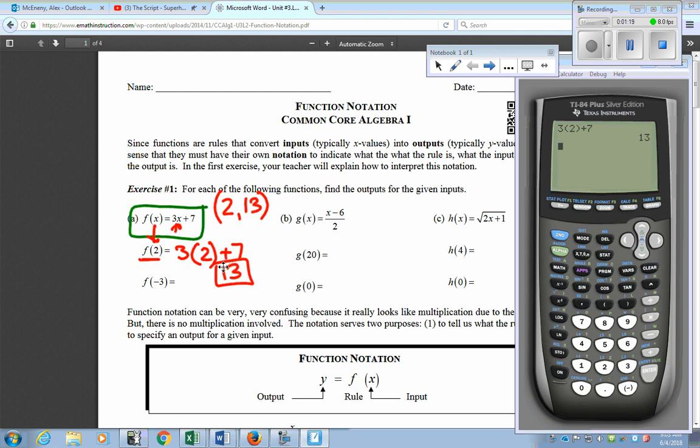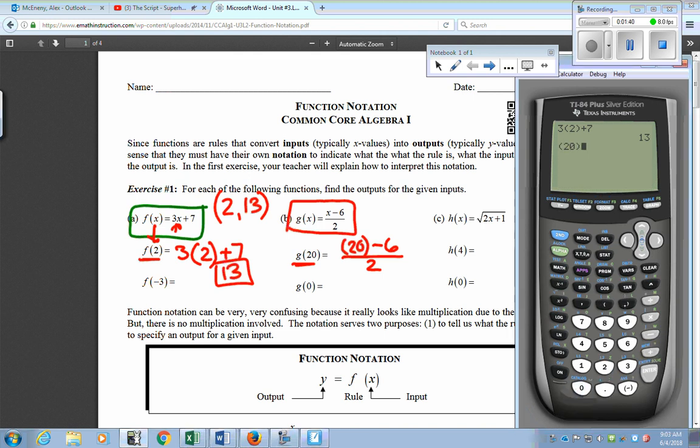Now for the next one, g of 20, they want you to use the rule g of x. So you're going to have parentheses 20 minus 6, divided by 2. You have to be careful with parentheses when you're doing fractions. You want to do each side separately.